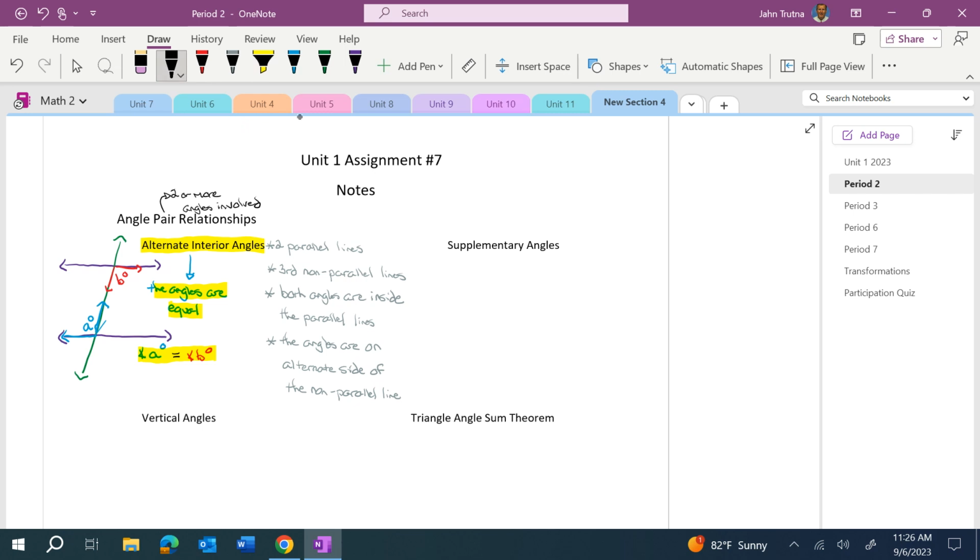So the word supplementary in a math class is a word that we use that stands for adds together to make 180 degrees.